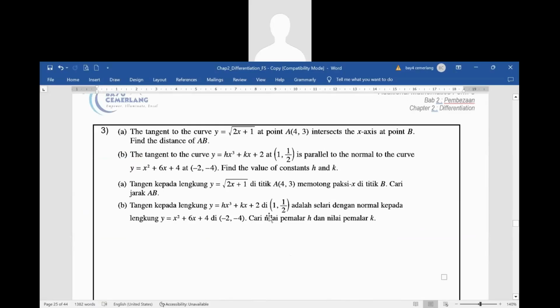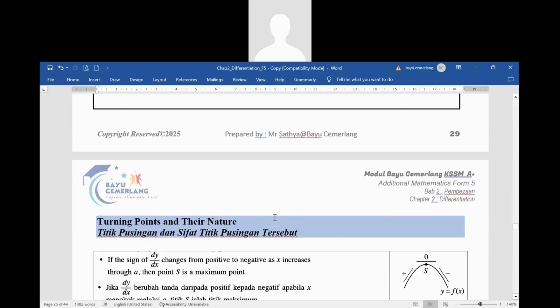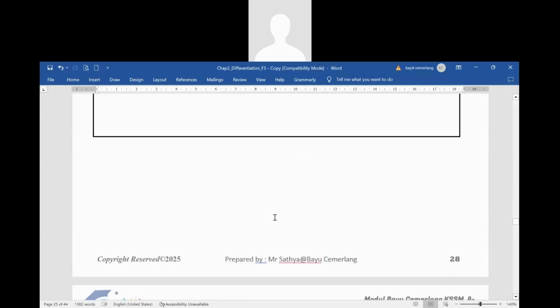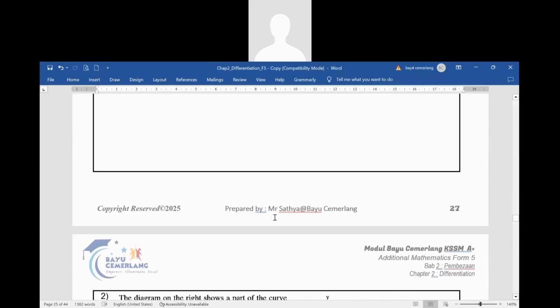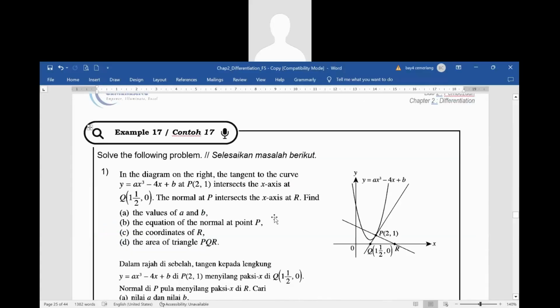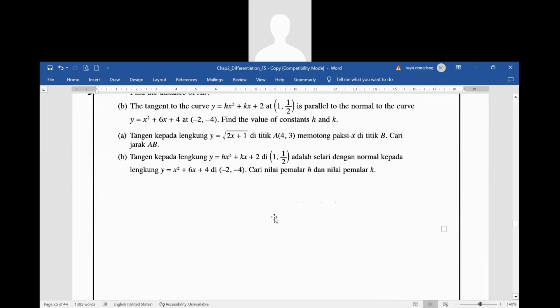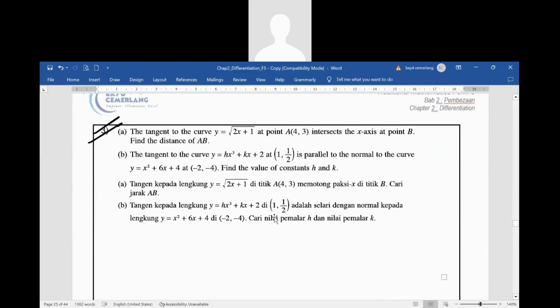Okay, I want you to try this question. Question number 3. Page number 29. I already entered wrongly just now. The page number solved. Example 17. Question number 3. Okay, cuba buat yang ni.